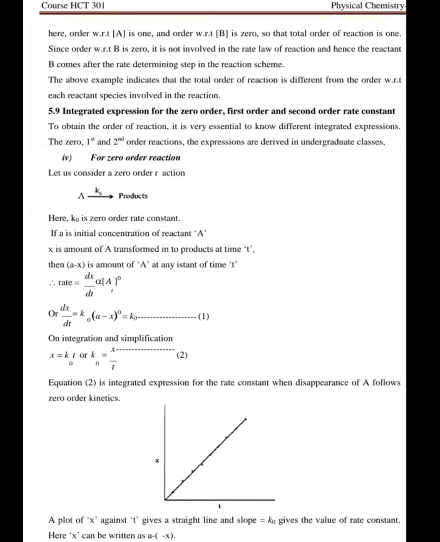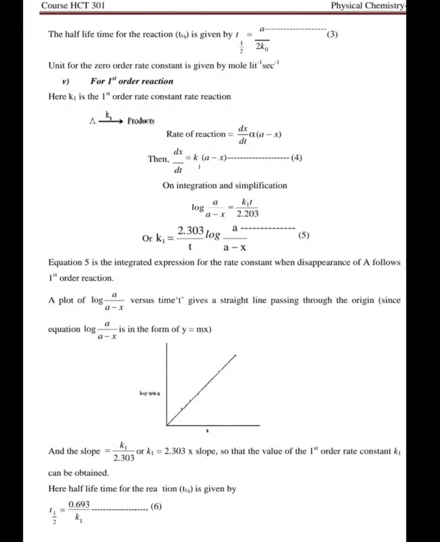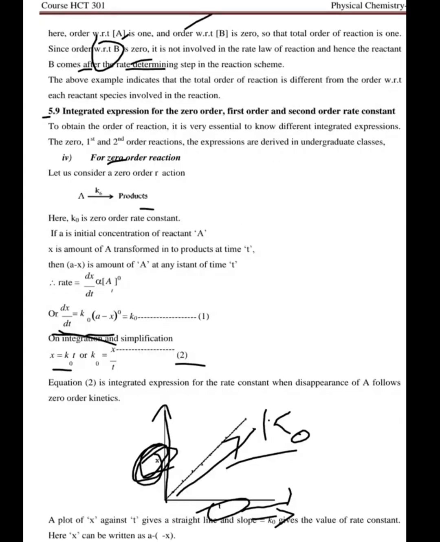So next, we can also calculate the half life for the zero order reaction. What is the half life time? It is the half of the reaction. So here we have x is equal to k naught into t, where k naught is the rate constant from this plot, and t is the time.